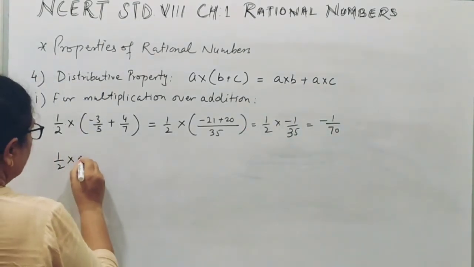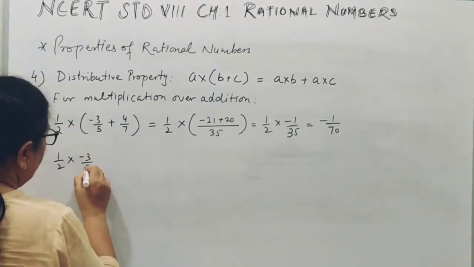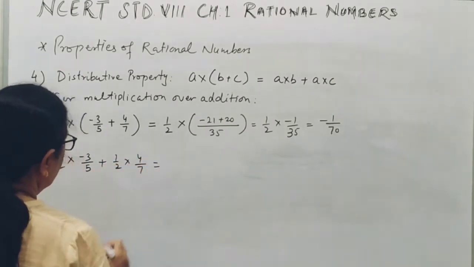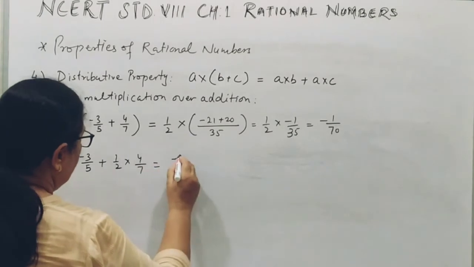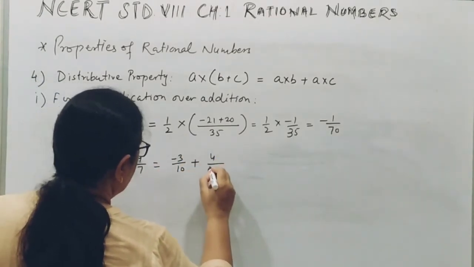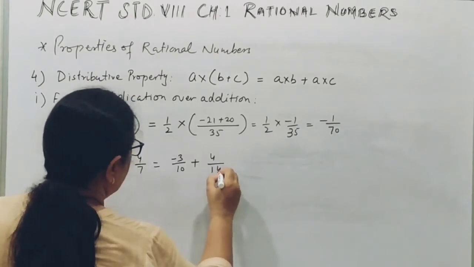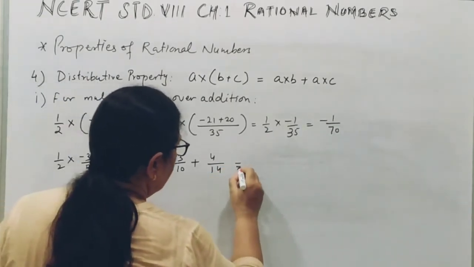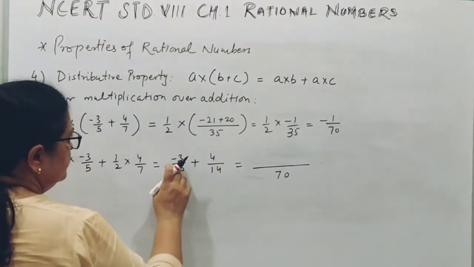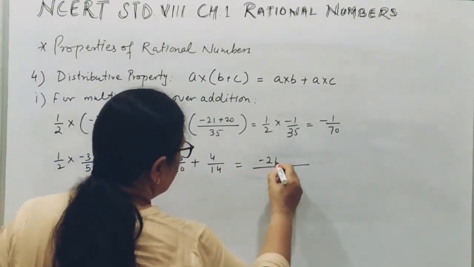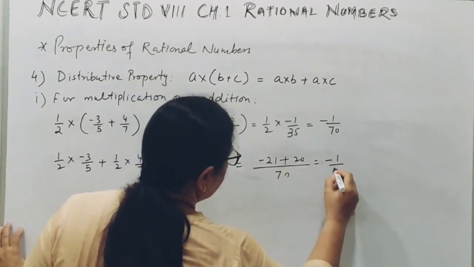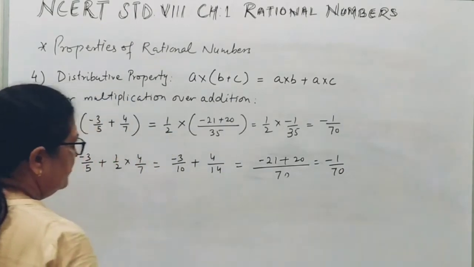So 1 upon 2 into 3 upon 5 plus 1 upon 2 into 4 upon 7. So we get here minus 3 upon 10 plus 4 upon 14. So we get LCM 70. This will become minus 21 plus 20, that is minus 1 upon 70.